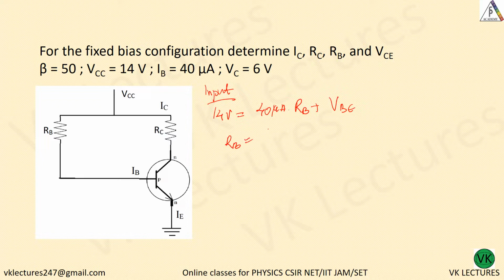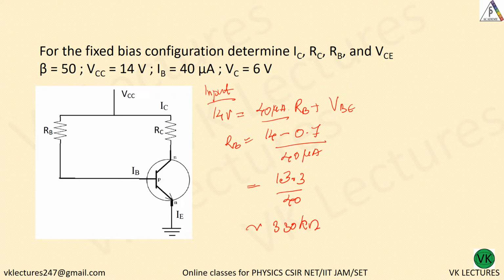RB is equal to 14 minus VBE, 0.7, divided by 40 microampere. So what is that value? 13.3 divided by 40, and the value is around 330 kilo ohm. So we got the RB value.